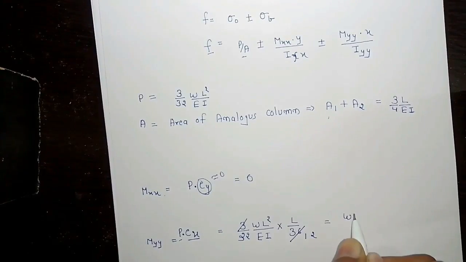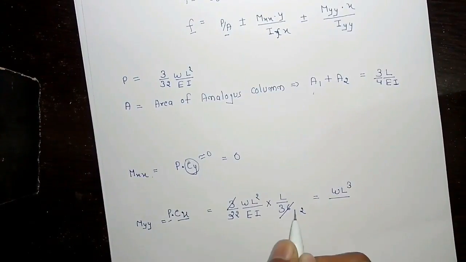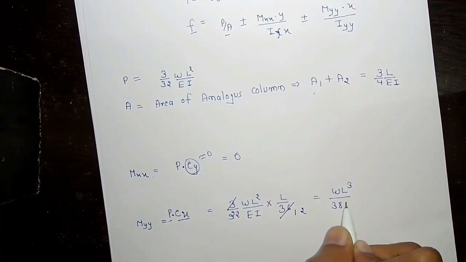So it will be equal to W L cube divided by 384 EI.